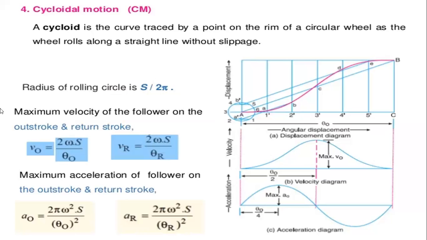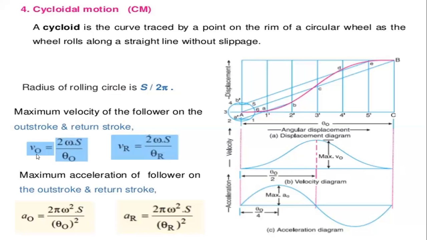The formulas to be used are the acceleration of the outstroke and the acceleration of the return stroke. For the velocity diagram, we need to take the curve here as a loop. This is the loop which we are going to draw for the velocity diagram.